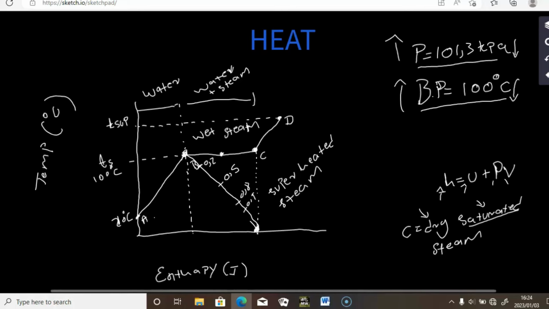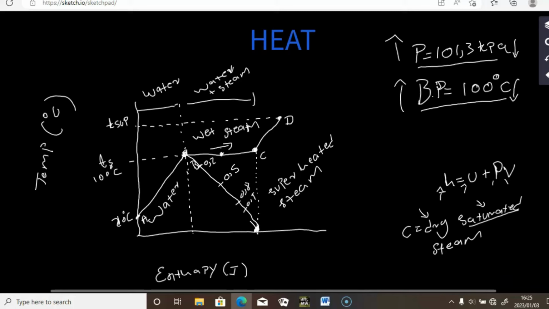So here we are having water. All of this is water. And then here we are having water plus steam. As the graph is moving in that direction, it indicates that water is being converted to steam.